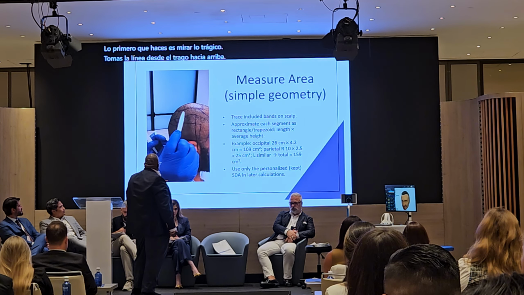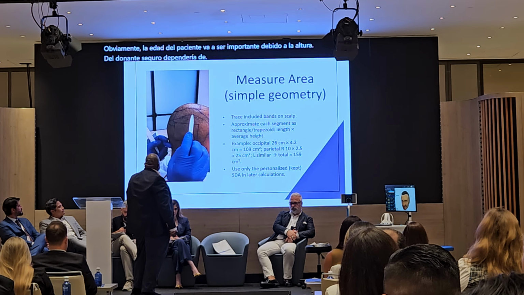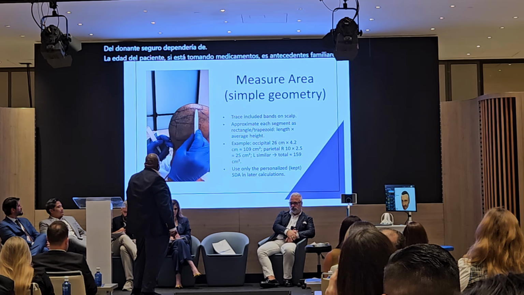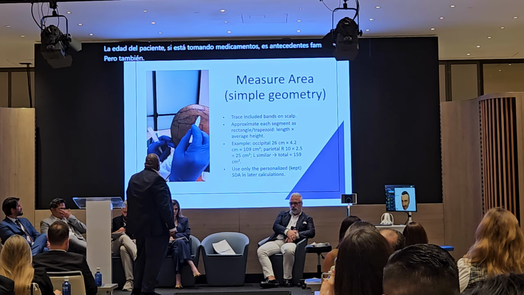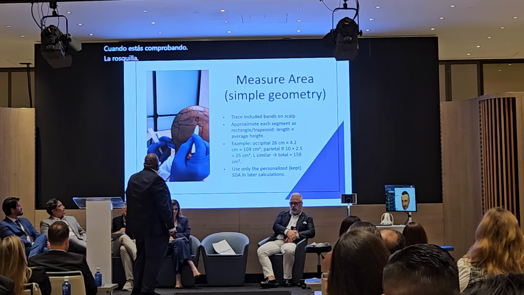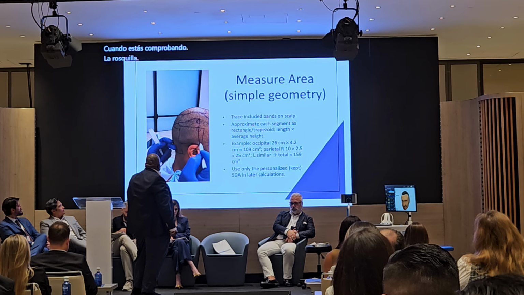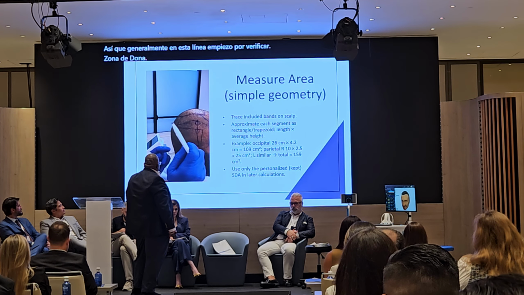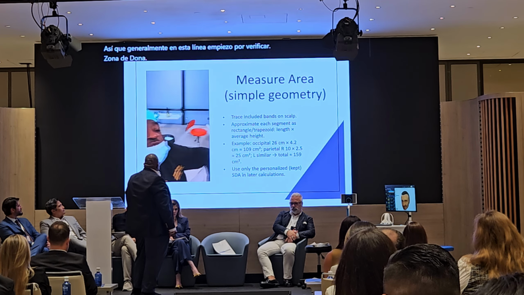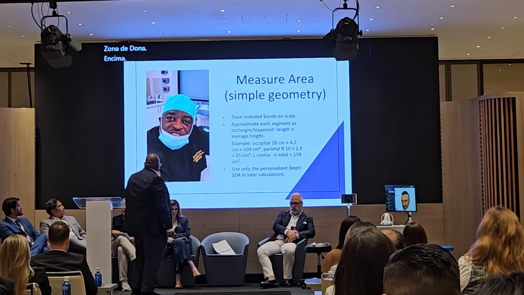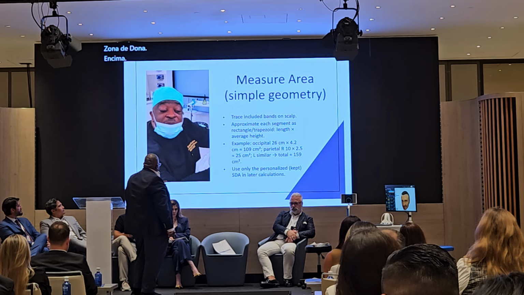But also when you're checking the donor, I usually on this line start by checking donor area on top, midway, and then the lower part. Why? I want to see pigmentation change. I want to see miniaturization percentage, what I call BDMI.